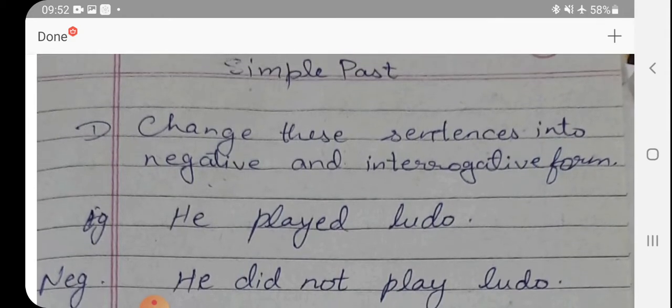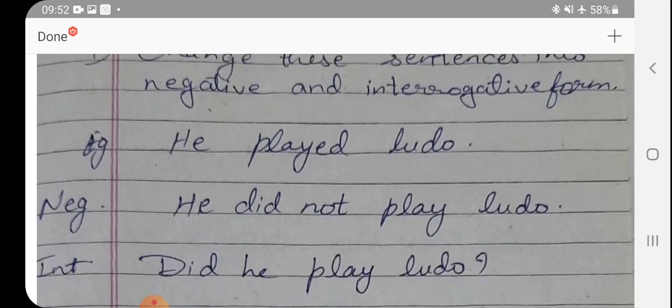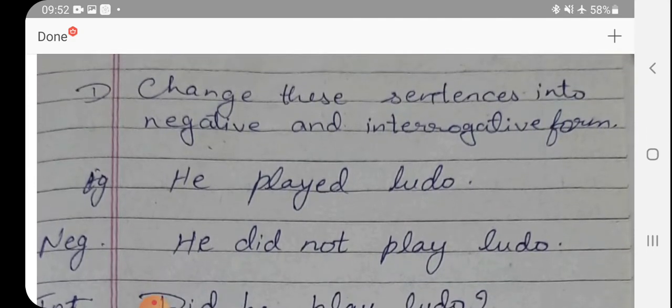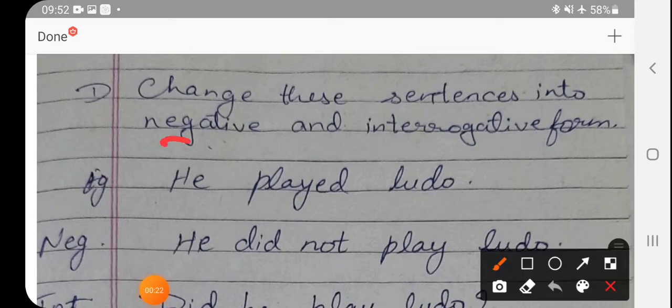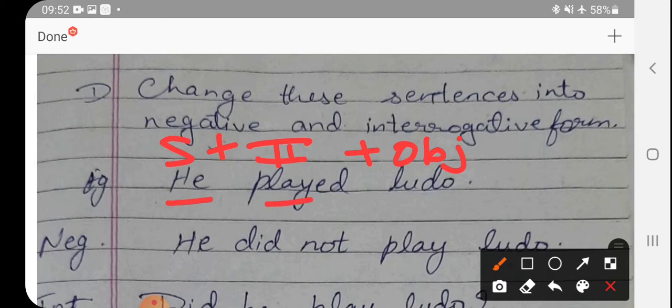Beginning with simple past tense. What are simple past tense sentences? In simple past tense sentences there is a subject plus the second form of the verb plus the object. Means, he played Ludo. The second form of play is played.